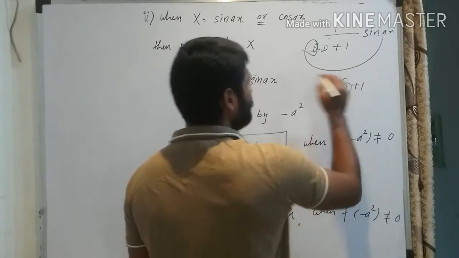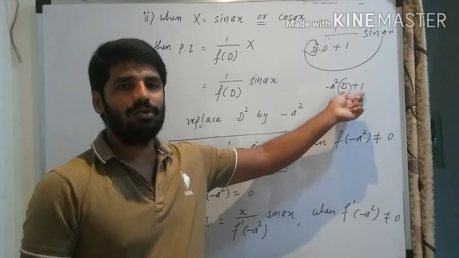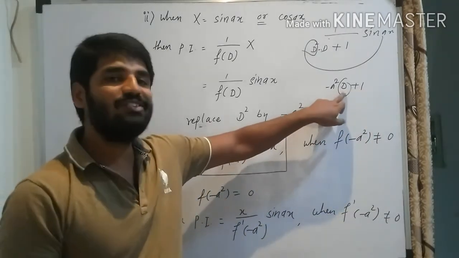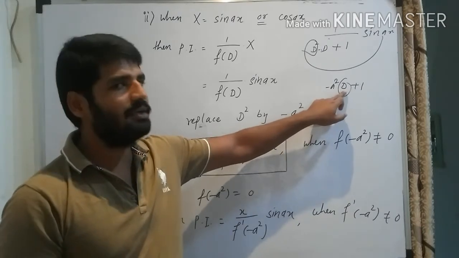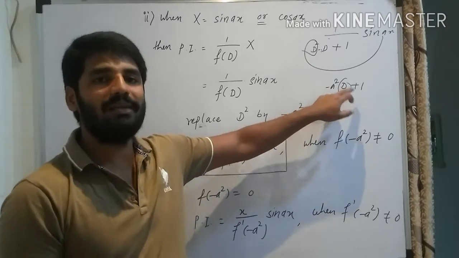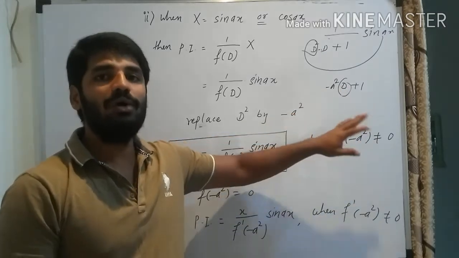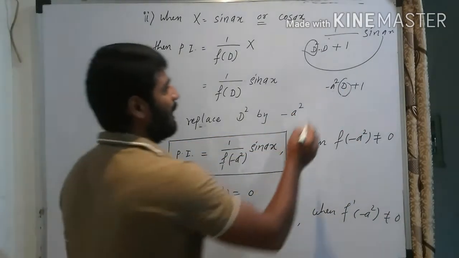This D remains as it is. So this is a non-zero term or zero term, I don't know at that time. But if we convert this D into D square, then again we can replace this D square by minus a square. But how to convert this D into D square? So we have to do a rationalization procedure. Like that, we have to take the same factor.